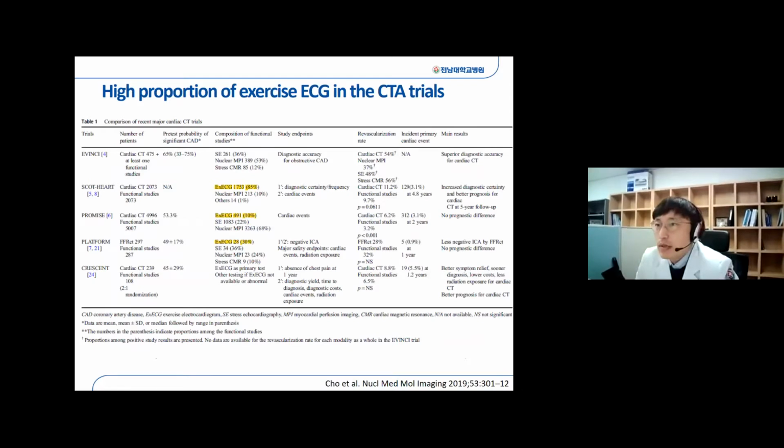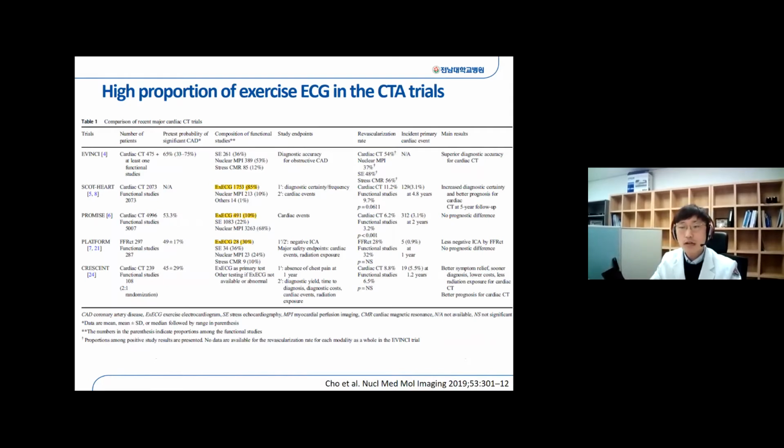But please remember, these cardiac CTA trials have some very important problems. From the perspective of a nuclear physician, it seems not very fair, mainly because of the proportion of exercise ECG in the functional study group.